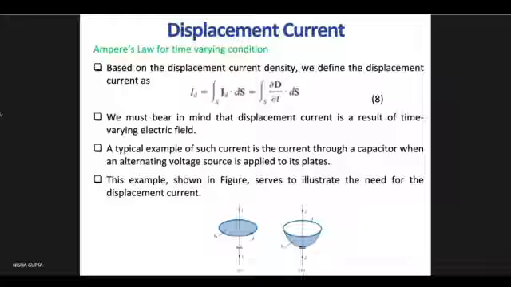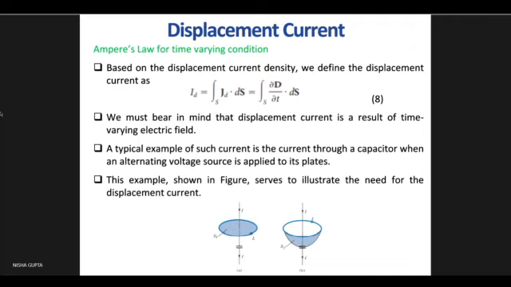But in the second figure, you can see that we are considering a surface which is balloon-shaped. This balloon-shaped surface is selected such that it is now crossing the capacitor. You can see that this surface is crossing the capacitor, where the upper terminal of the capacitor is within this surface and the other end is outside.